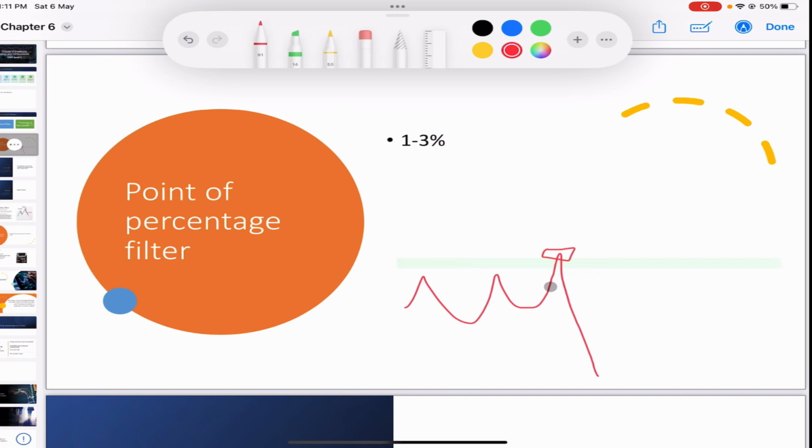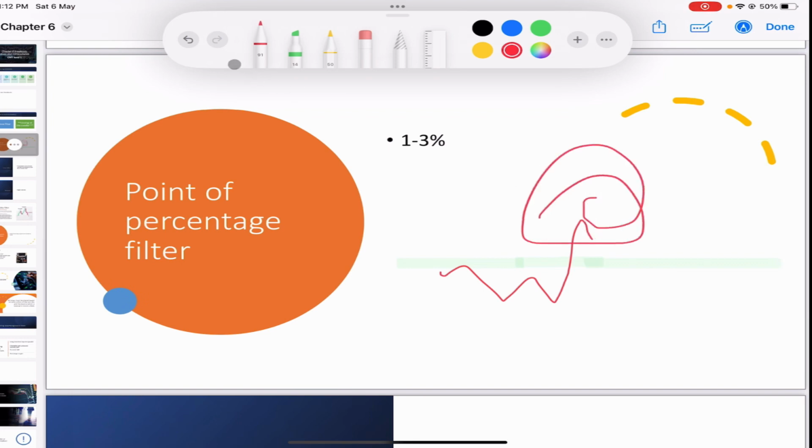So when you need a proper breakout, you are going to use the point or percentage filter. You need the stock to break out a considerable amount in order to be sure that this is a proper breakout. For this purpose, they have written that you need to use the point or percentage filter.